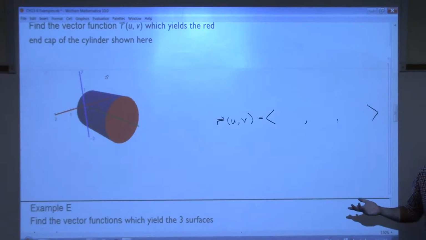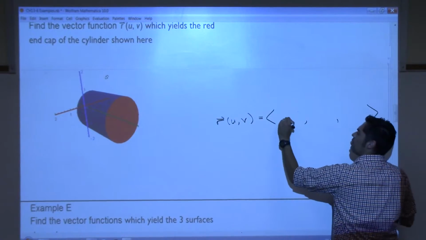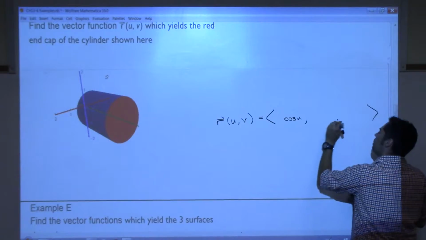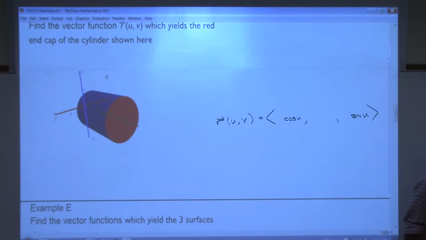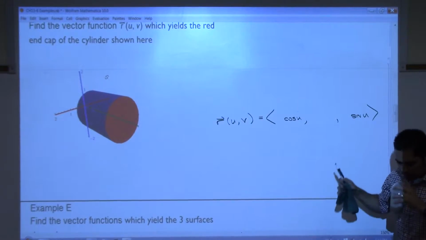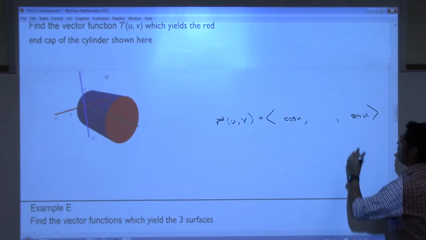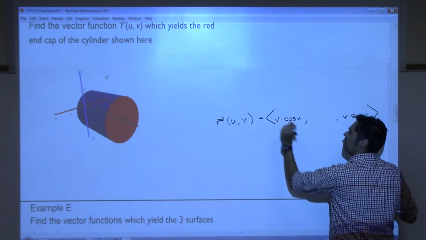That draws circles, but this time we'll have a varying radius. So how about we use cosine u, sine u again. That will draw circles in the xz plane, but I don't want unit circles. So how about we use that other variable v here? v times this, v times this.